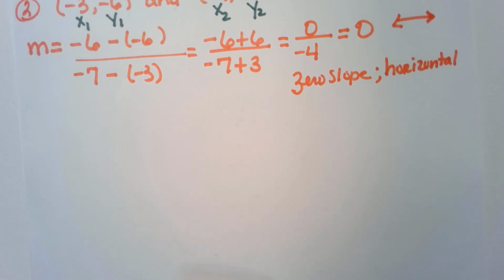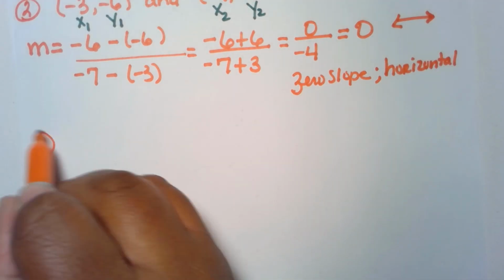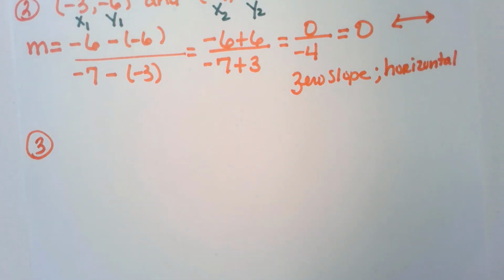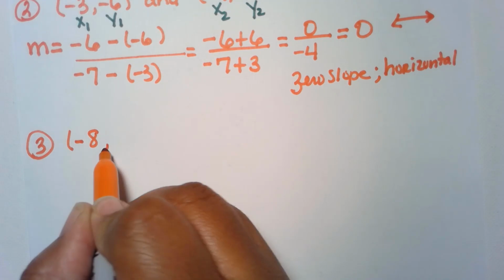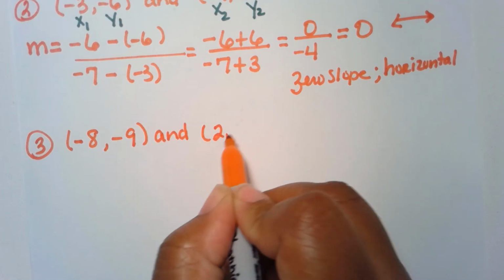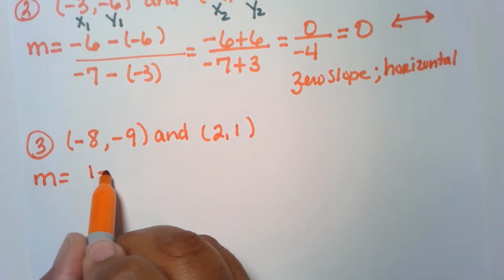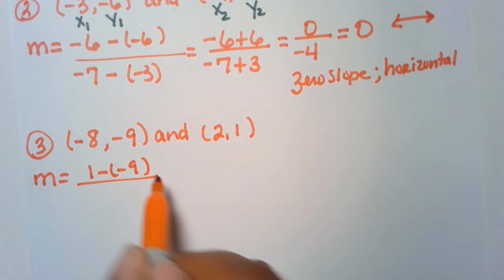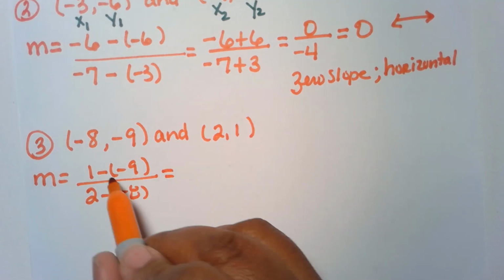Number 3, we have here (-8, -9) and (2, 1). Let's find the slope. We have 1 minus -9 over 2 minus -8. We have the two negatives there.